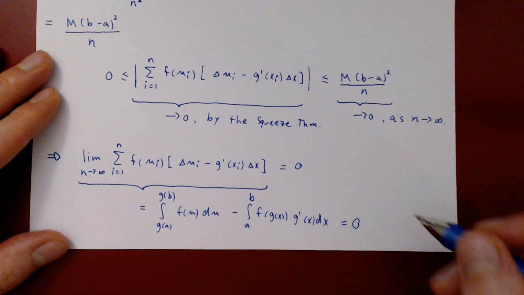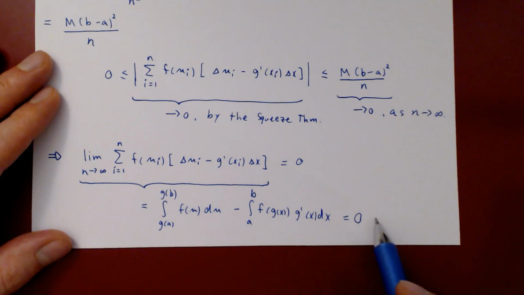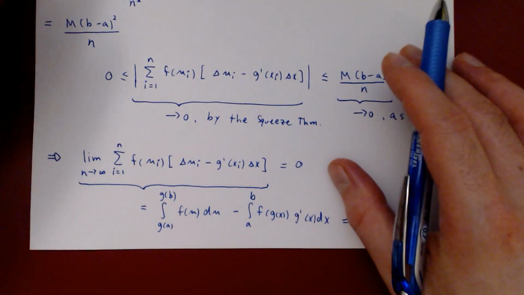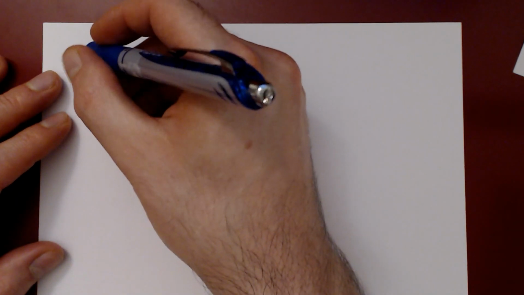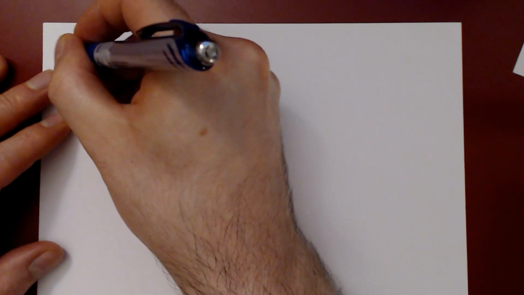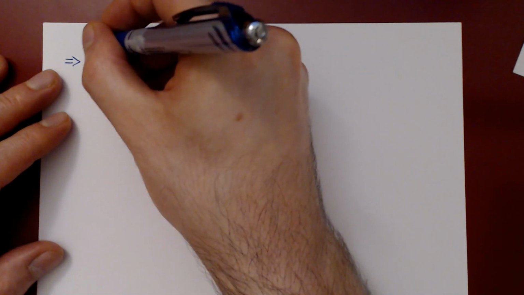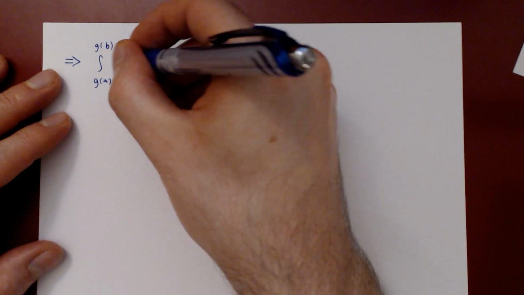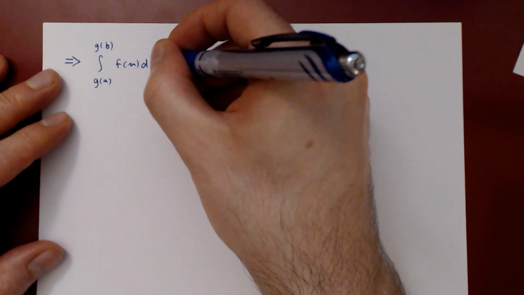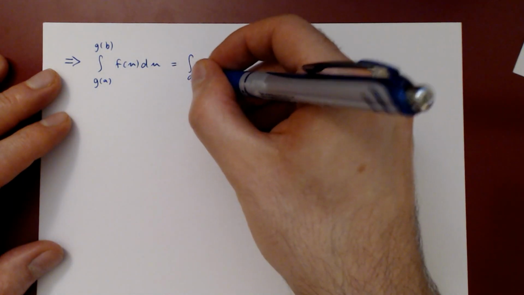And since this is equal to 0, right, the difference is 0, then both integrals have to be equal. Just send this term over to this side, and we can now write our resounding conclusion that indeed the differential gave us the right answer. The new integral is indeed equal to the original integral.